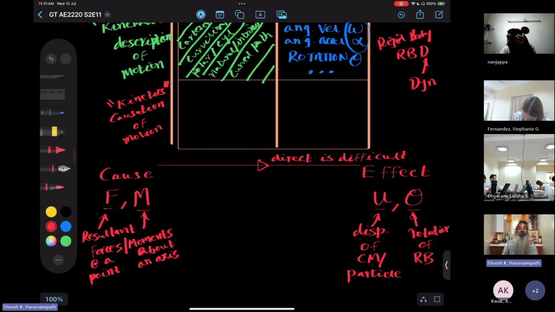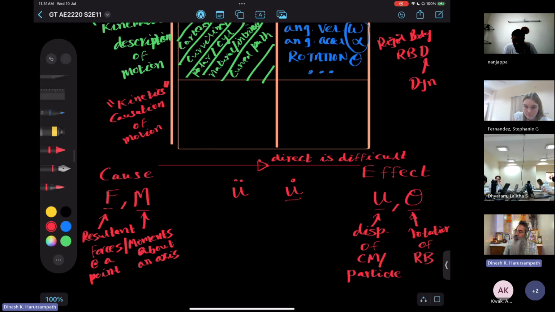But here in dynamics, we are dealing with rigid body dynamics. So how it changes from point to point is not of that much consequence, as it is in terms of how it changes with respect to time. So we will introduce two concepts which we have already done, in fact, as far as the translation is concerned, where we called it the velocity, which is u dot, and the acceleration, which is u double dot.